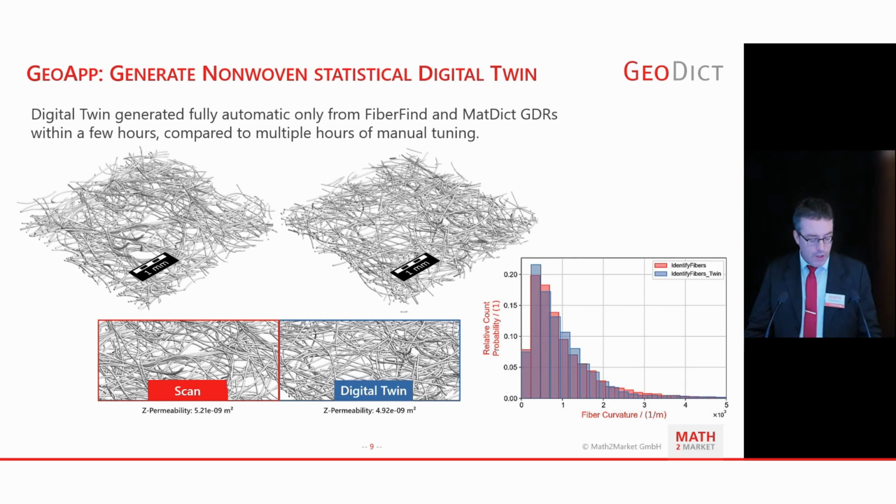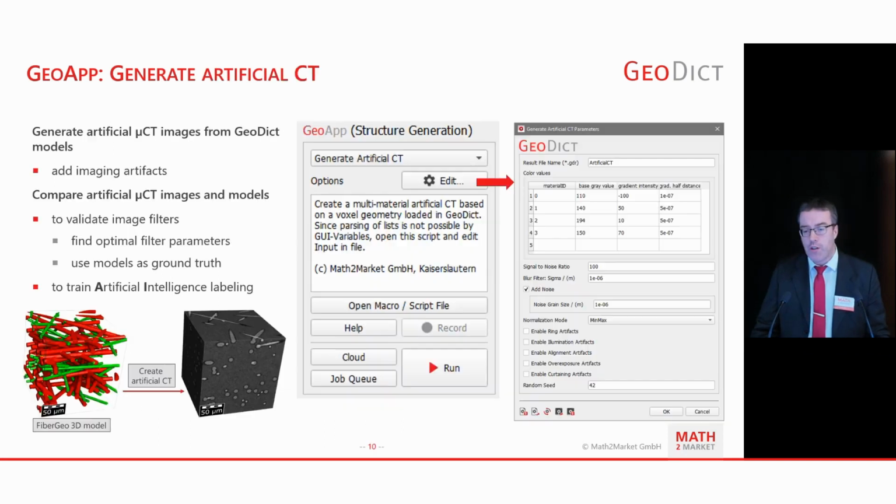Okay. Another GeoApp, also in the area of structure generation, is the generation of artificial micro-CT scans. It's based on the geometry models available in the new Geodict version. This GeoApp can be used to create nice visualizations of geometry models, making them look more realistic.